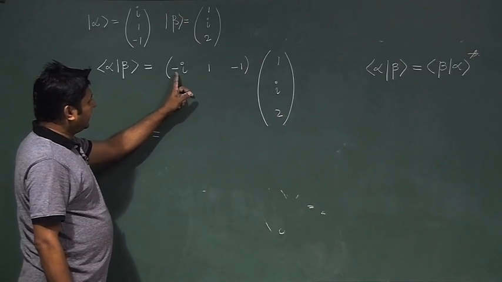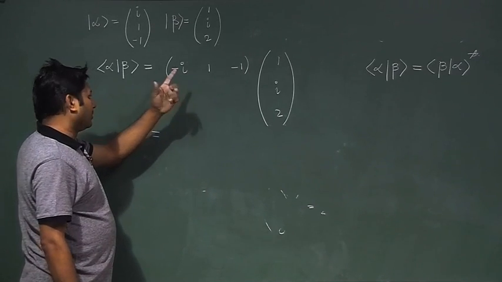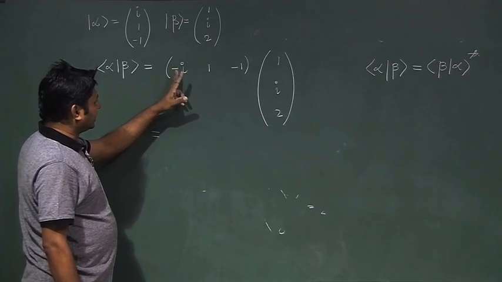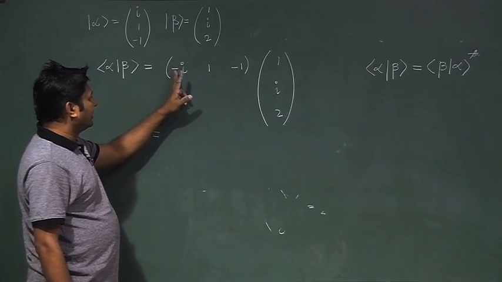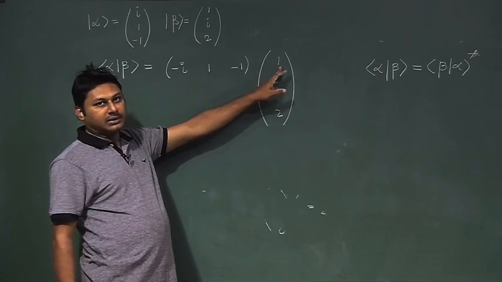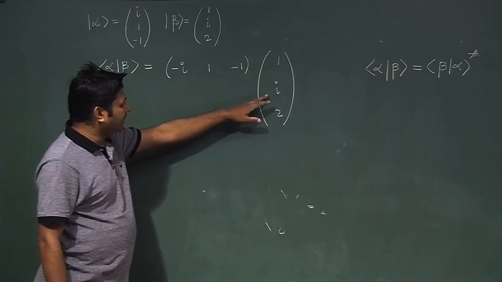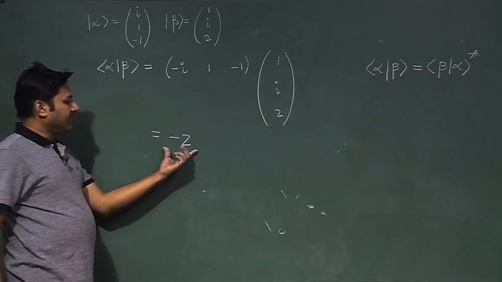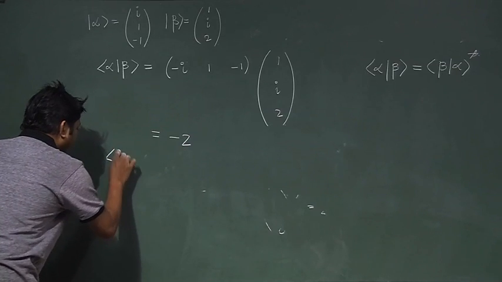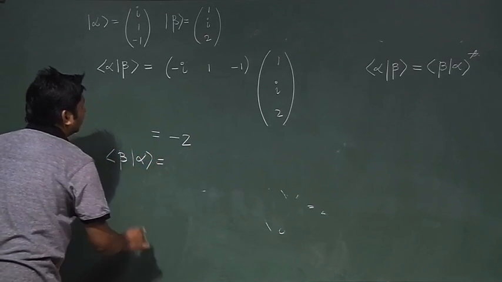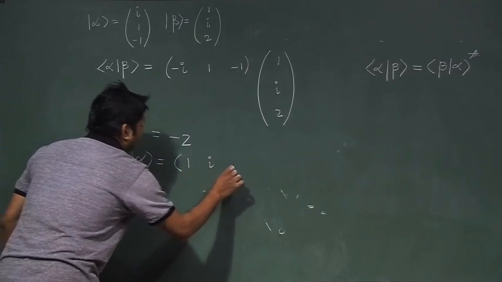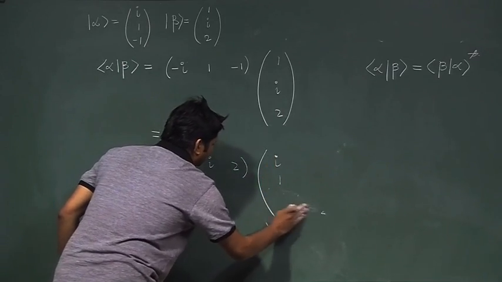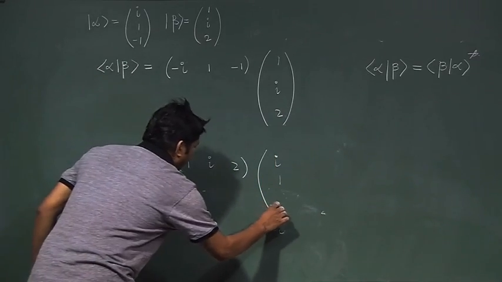So, now what will be there? I am taking the example in such a way that this becomes something real actually. So go with that, then I will change that. I multiply 1 by minus i, and then there is a plus i which is absorbing the thing. So now I will have minus 2, a real thing. So expect that when I do beta alpha, it is not going to change: i, 1 and minus 1.